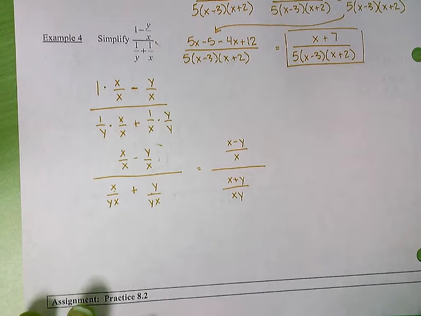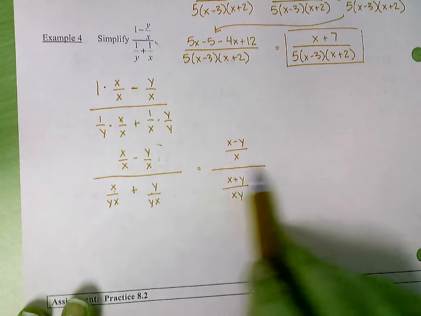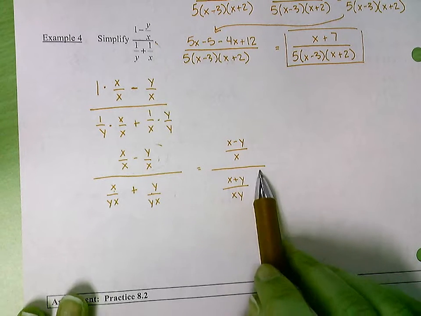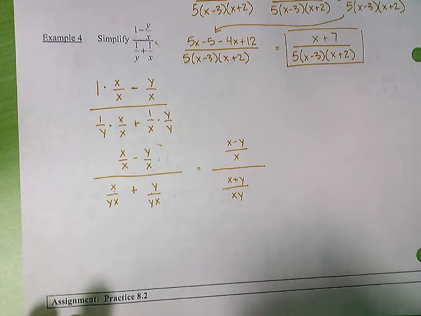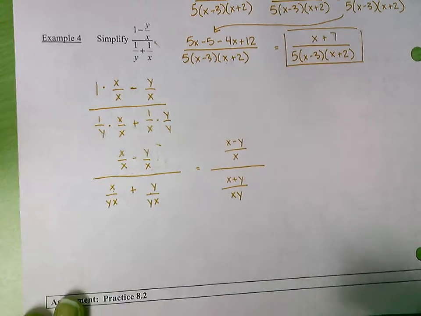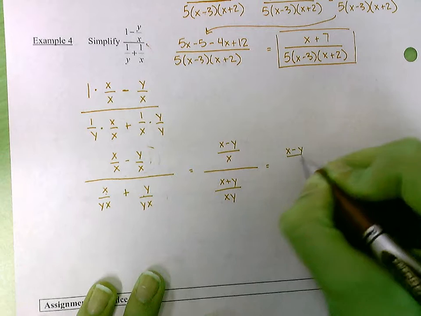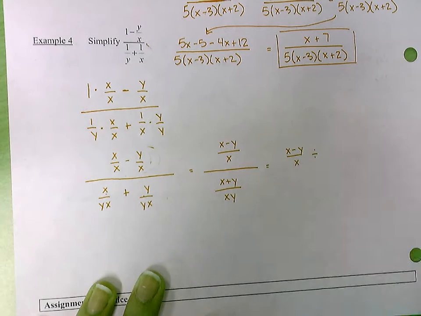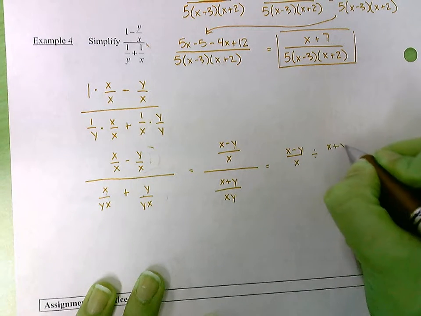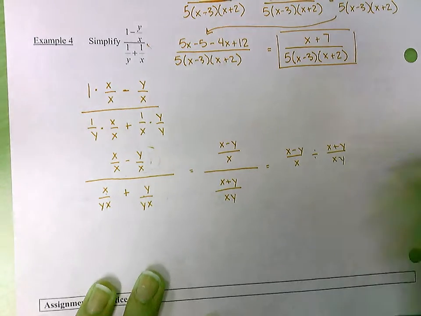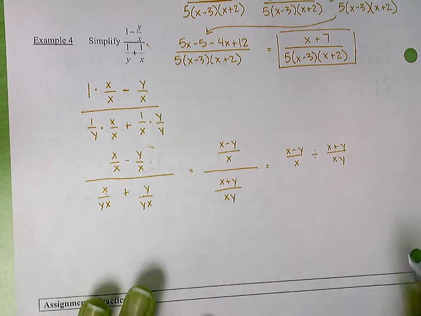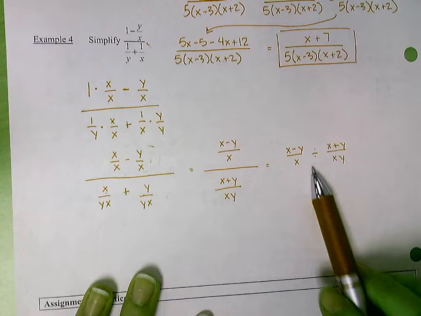Now remember when we had that larger fraction bar there? That was your divided by symbol. So this is like saying x minus y over x is divided by x plus y over xy. Now when I have it to this part here, what do I have to do?